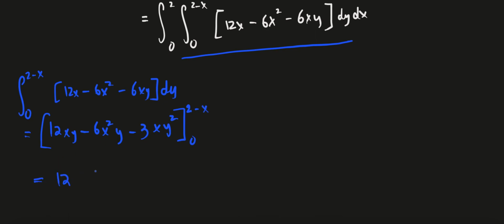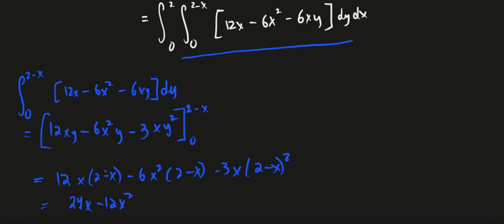They'll be nice, but the 2 minus x will. So it's going to be 12x times 2 minus x minus 6x squared times 2 minus x minus 3x times 2 minus x squared.